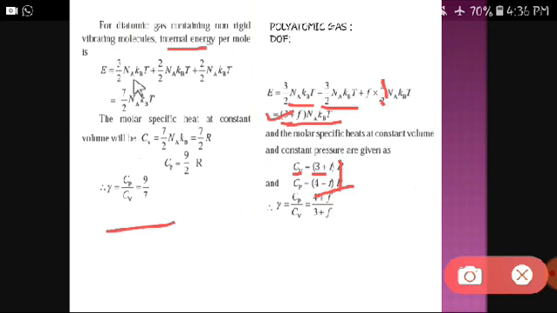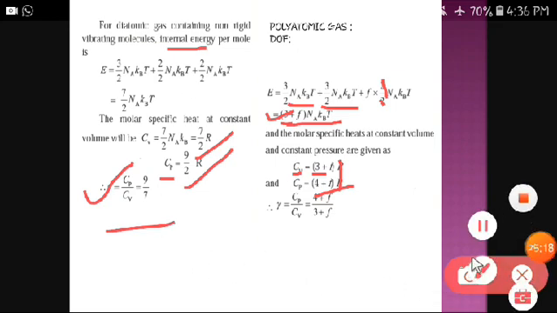So 3 translational motion, 2 rotational motion, 2 vibrational motion. So that will be 7 by 2 NakBT. So Cv is equal to 7 by 2 R, Cp is equal to 9 by 2 R. So you are getting gamma is equal to 9 by 7. This is very easy.